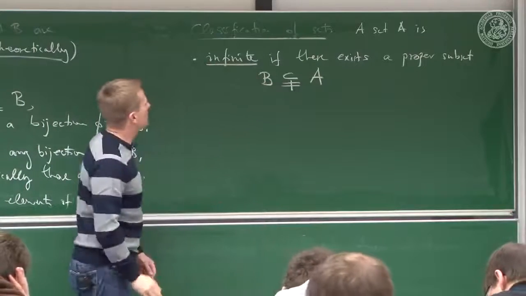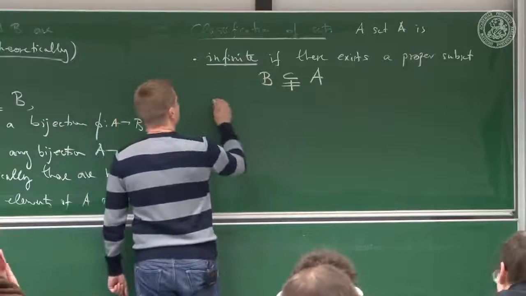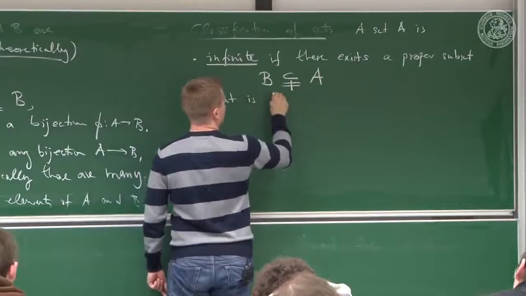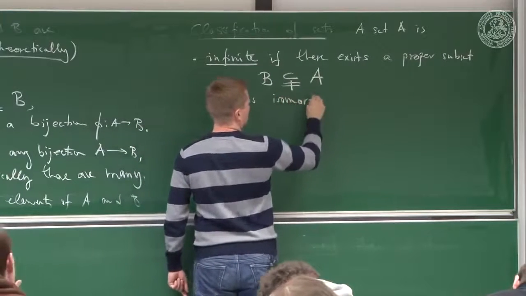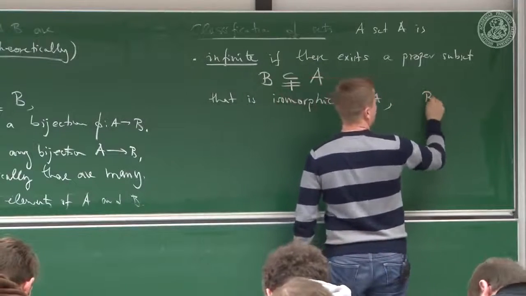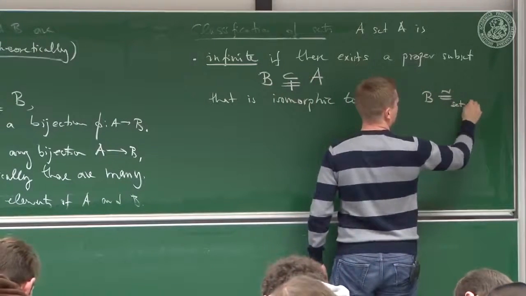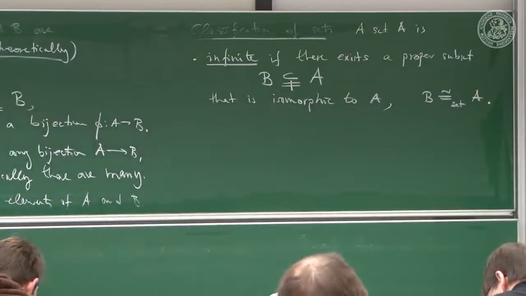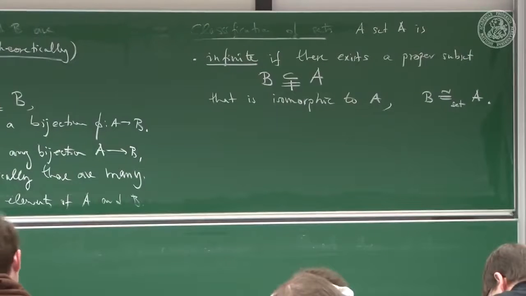Well, that's not it yet. It's infinite if there exists a proper subset B that is isomorphic to A, in fact set theoretically isomorphic to A. Now for finite sets, that's an immediate contradiction.